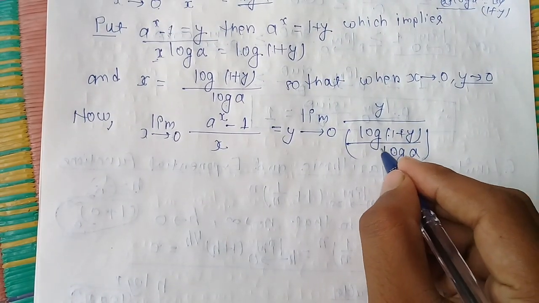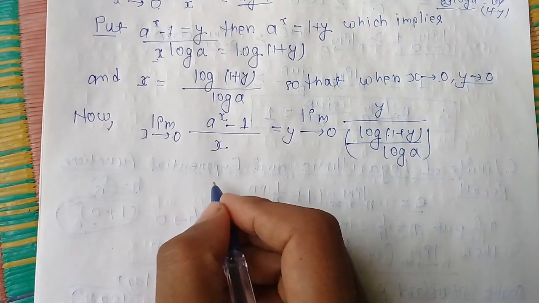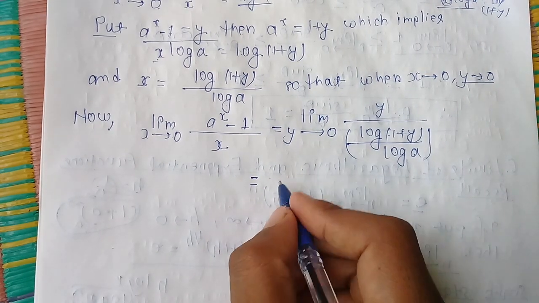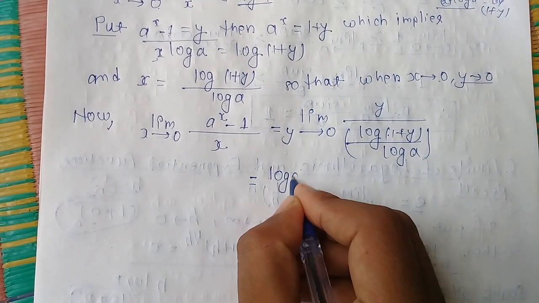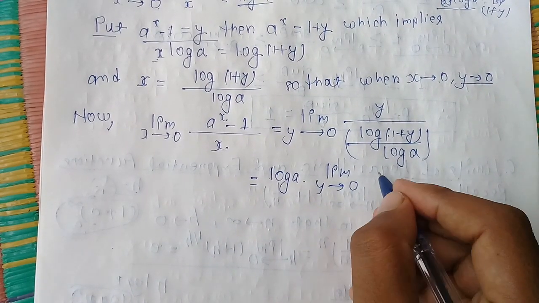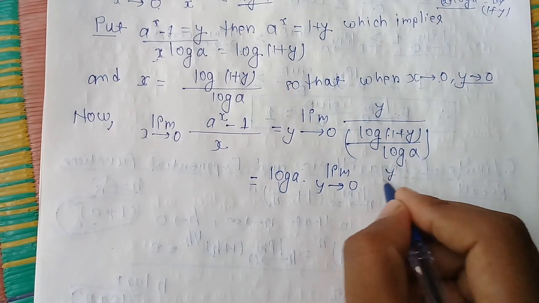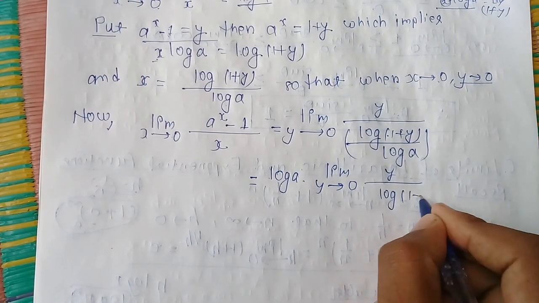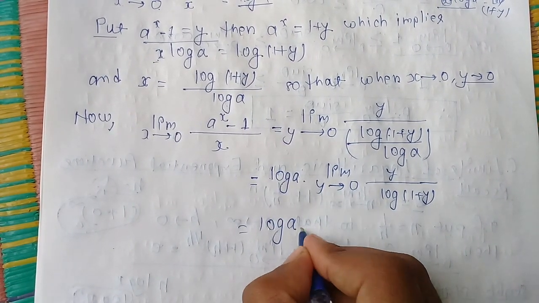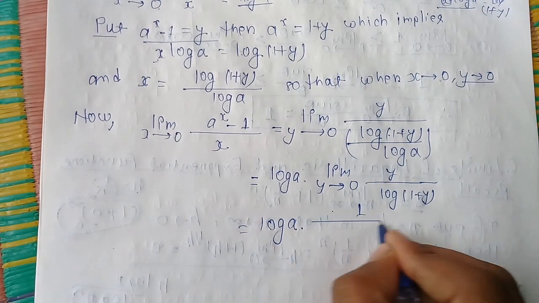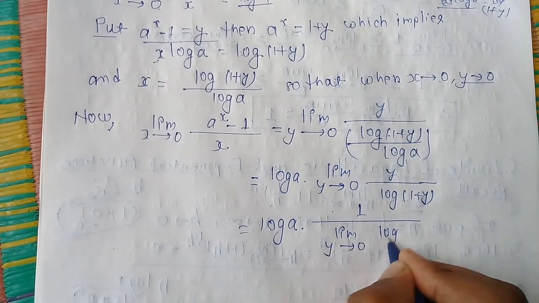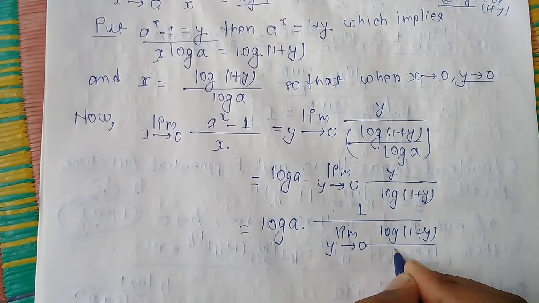Now this is in the denominator, so this function can be written with log a as a constant, limit y tends to 0 of y divided by log 1 plus y. So again, log a is equal to 1 divided by limit y tends to 0 of log 1 plus y divided by y.